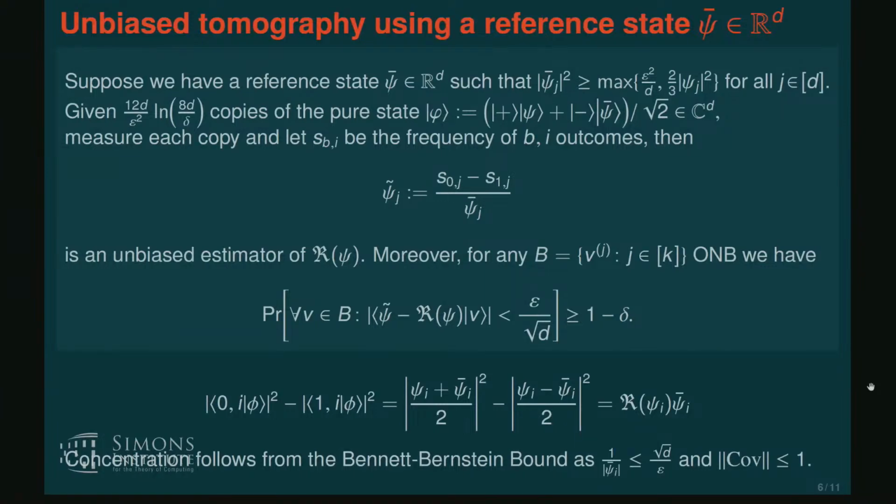So I might have outliers, but I take many, many samples, and the outliers are averaged out, and the covariance was small to begin with. And then if you apply some more advanced concentration inequality, called the Bennett-Bernstein bound, it gives you the thing that I showed you: coordinate-wise it will be very precise, and altogether it gives an epsilon L2 error.